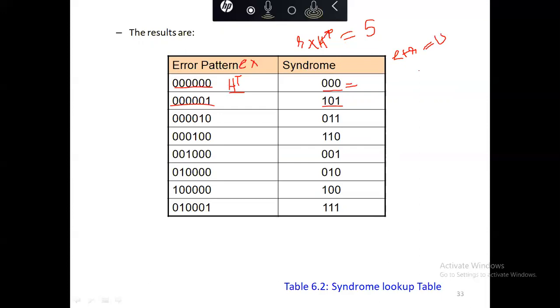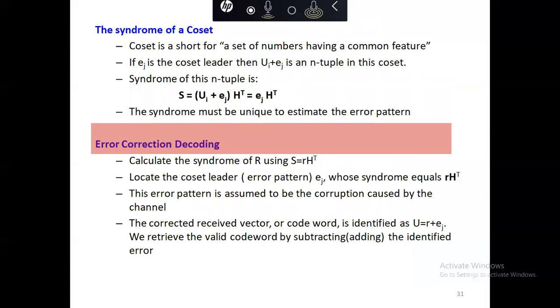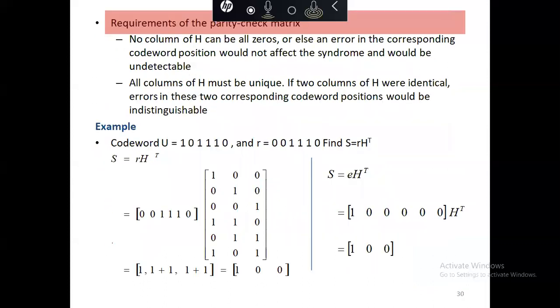Or you can use this lookup table: if you find this error pattern and the received code word is this, you can just look up the corrected code word, or you just exclusive-or these two to get this one. So this is how you can do the calculation of syndrome and coset and error-corrected decoding.